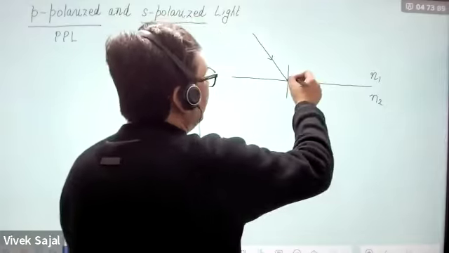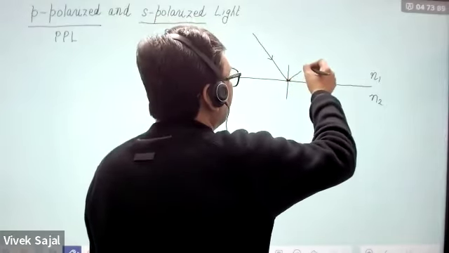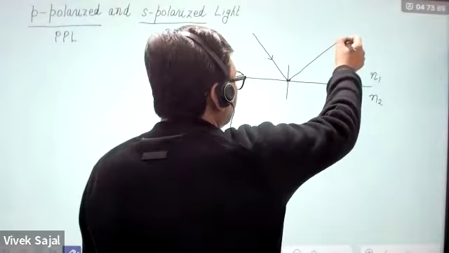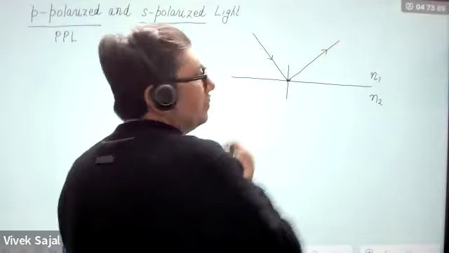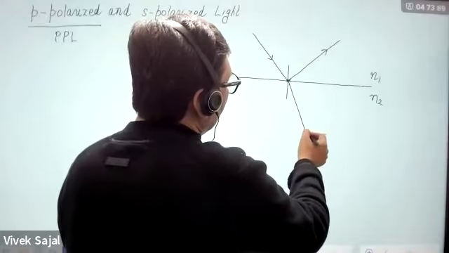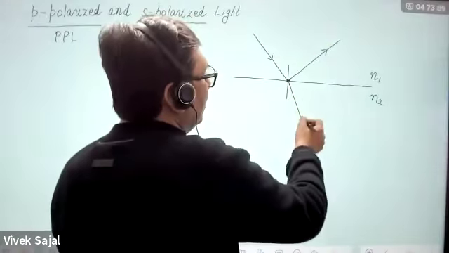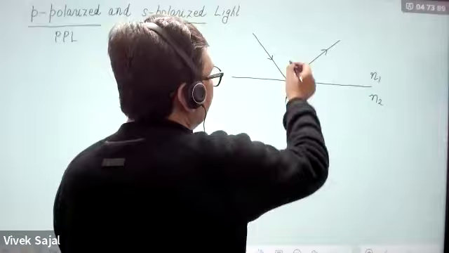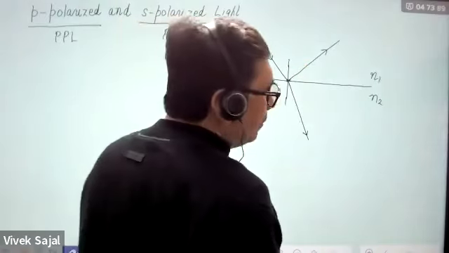A part of this wave will be reflected back in the same medium and a part of it will be transmitted. You call this reflection, and this is called refraction.